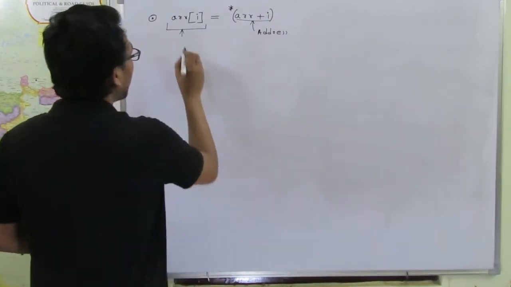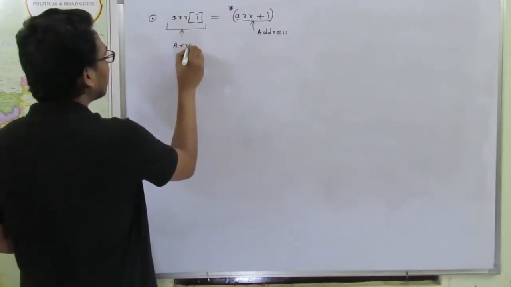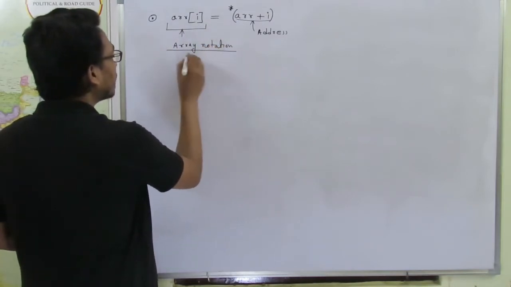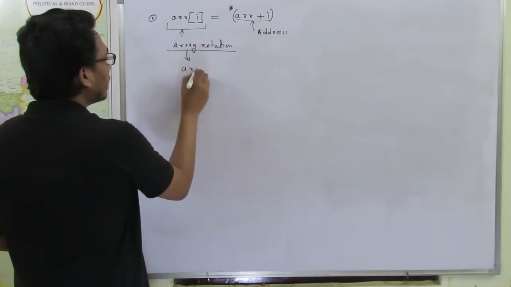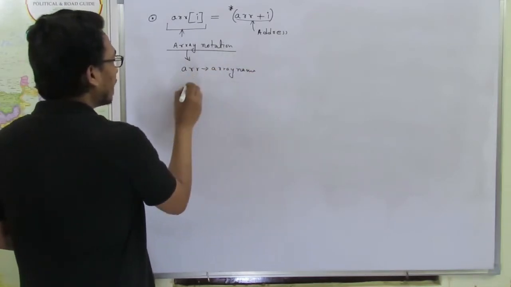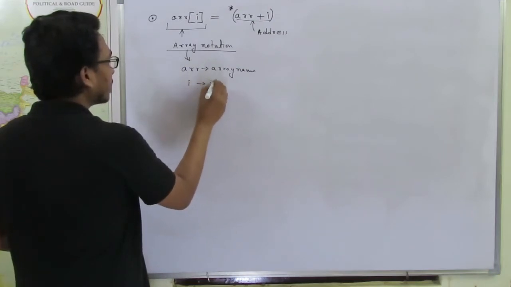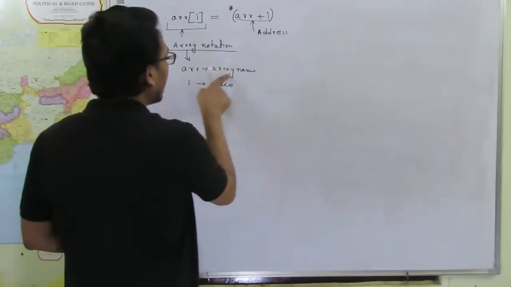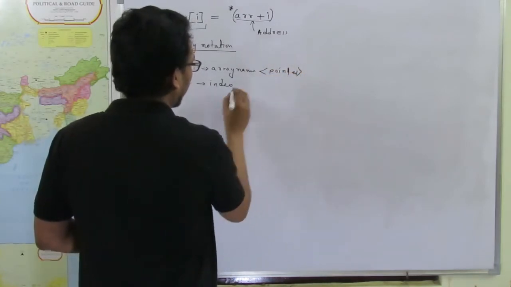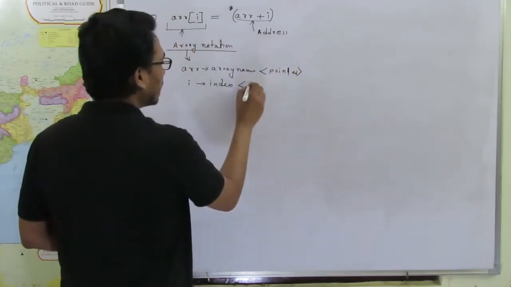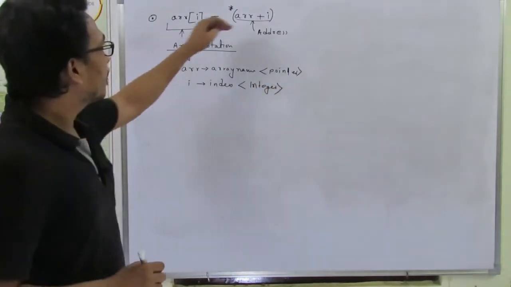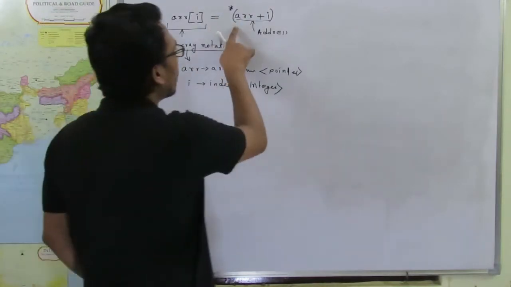In this array notation, ARR is the array name and I is the index. So ARR means this one is a pointer and index means this one is an integer. Clear?